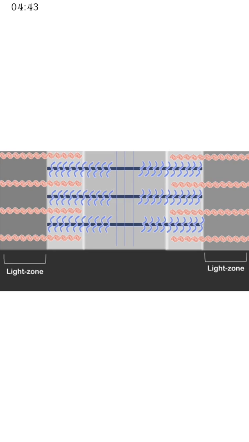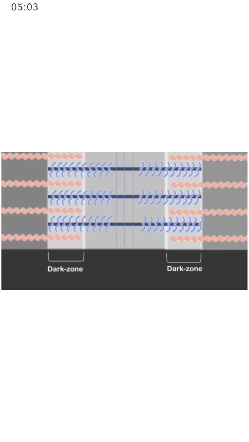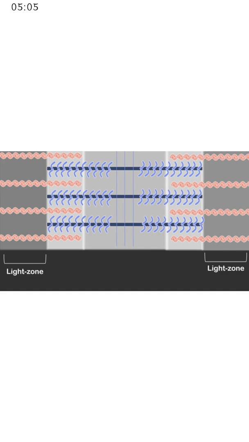Okay class, let us just take a review of this, guys. We said the dark zone is where we meet the actin filament and the myosin filament. We're going to note that the dark zone is also called the A band, and that the light zone is also called the I band.